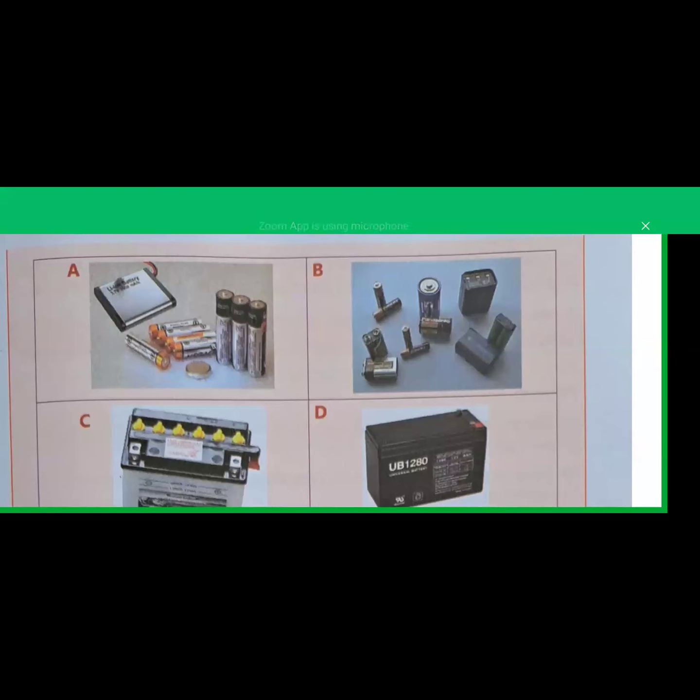According to my opinion, A and B, I think they are not charged, whereas C and D are charged. Then Kathy?